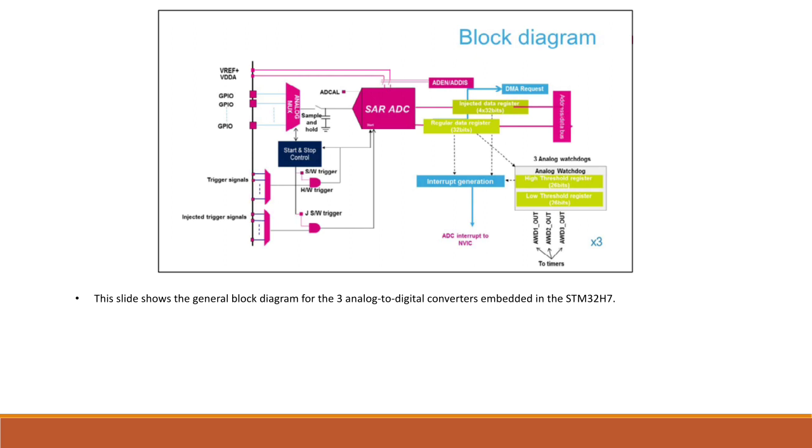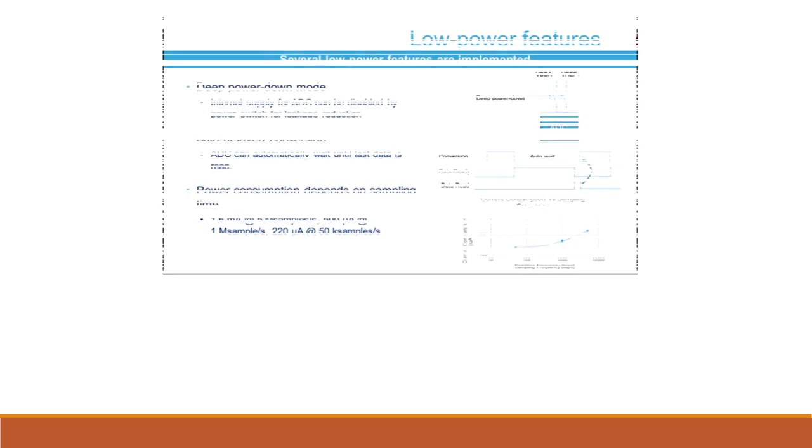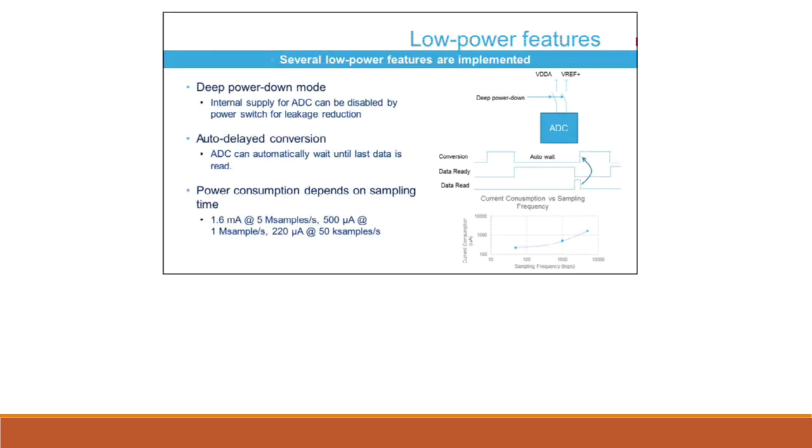The low power features are deep power down mode, auto delay conversion, and power consumption depending upon the sampling time. Let's have a quick look at them. The ADC supports a deep power down mode. When the ADC is not used, it can be disconnected by a power switch to further reduce the leakage current.